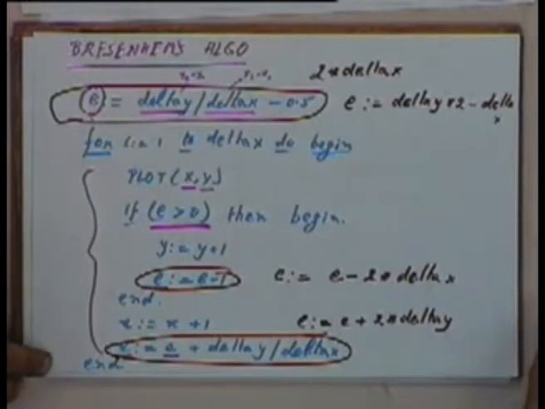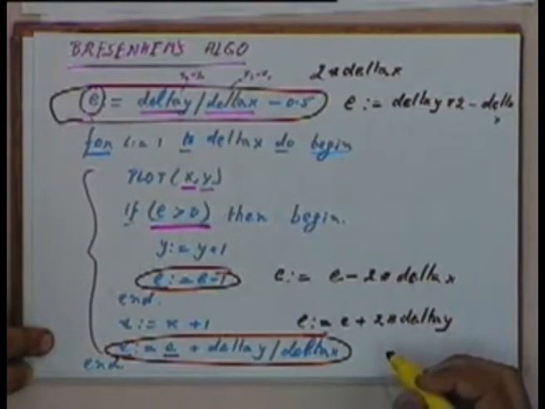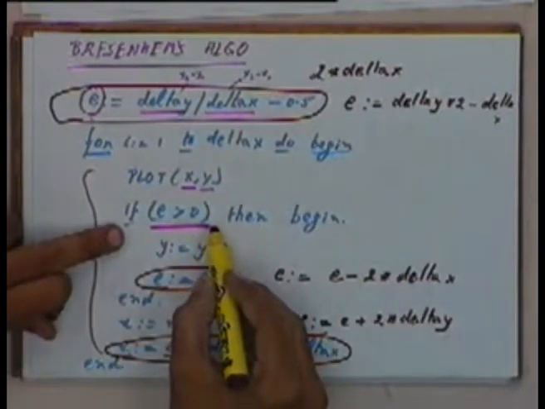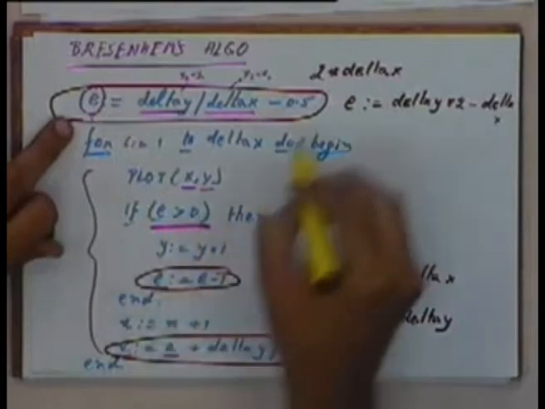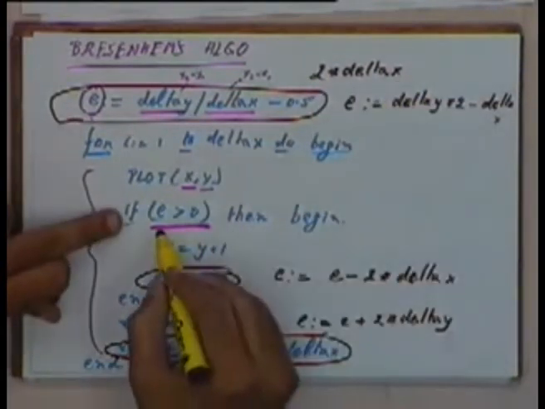If I make these changes, my program will still be valid, because I am only bothered about the sign of E. Wherever I am using E, I have multiplied by a constant amount, so the sign of E will still remain the same.